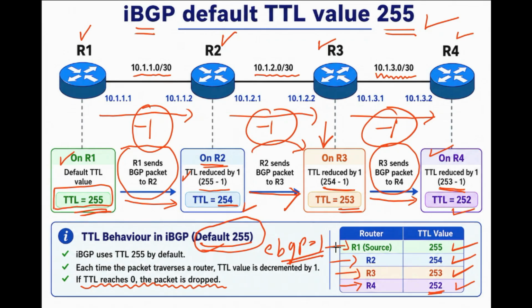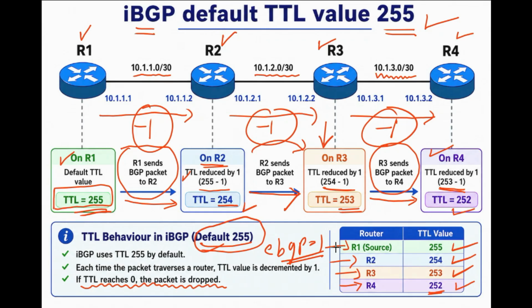For example, in the same autonomous system, in an ISP network, you might have 10, 20, 50, hundreds of routers, and you want to form an iBGP session. With the default TTL value of 255, the TTL value will not become 0 and the BGP session can be easily established.